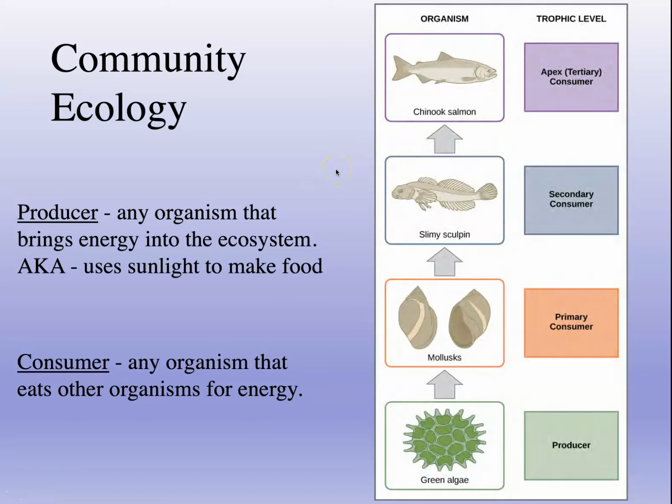Now, organisms can occupy more than one trophic level. You and I, for instance, we eat animals, so we're obviously at least secondary consumers, but we also eat vegetables, seeds, and that sort of thing. So we're primary consumers also. No matter what, if you're a consumer, you're kind of a parasite on the producers of the planet, the green things.